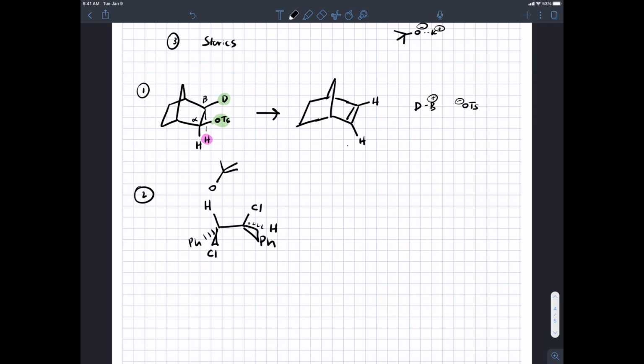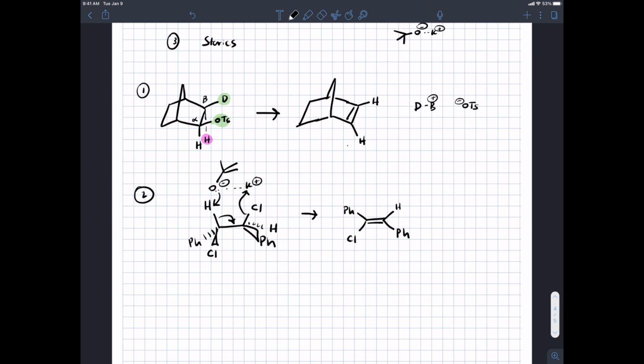If the base is highly ion paired with its counter ion, then if you remove the proton here, the counter ion can help the leaving group leave. And so syn elimination becomes more favorable in that case. Again, not the natural order of things, but you can promote it in less polar solvents with an ion pair.